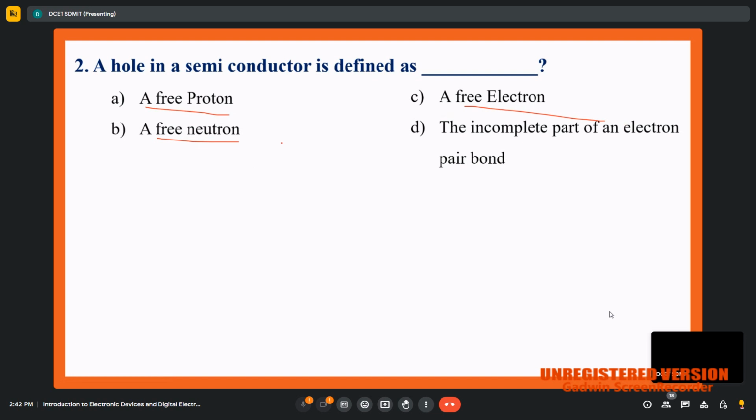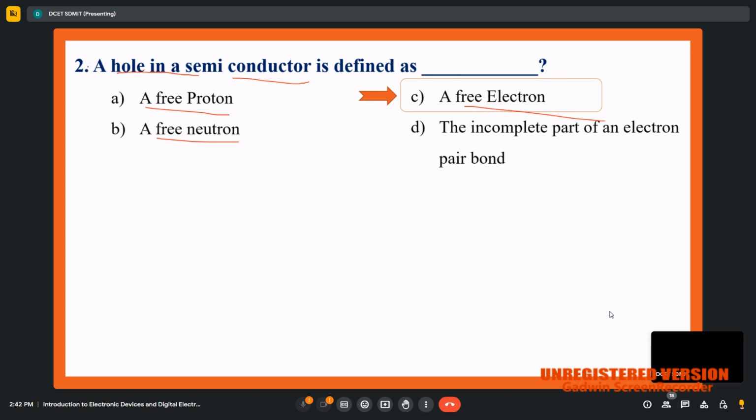See, if you take any atom, it has 4 major parts: one nucleus, proton, neutron, electrons. So the answer for this question is a free electron, it will create the hole in a semiconductor. So that means if any electron moves from its band, then it will become a hole.